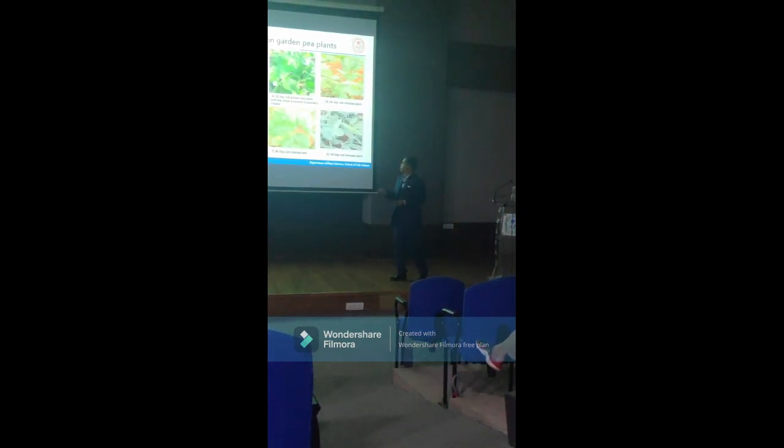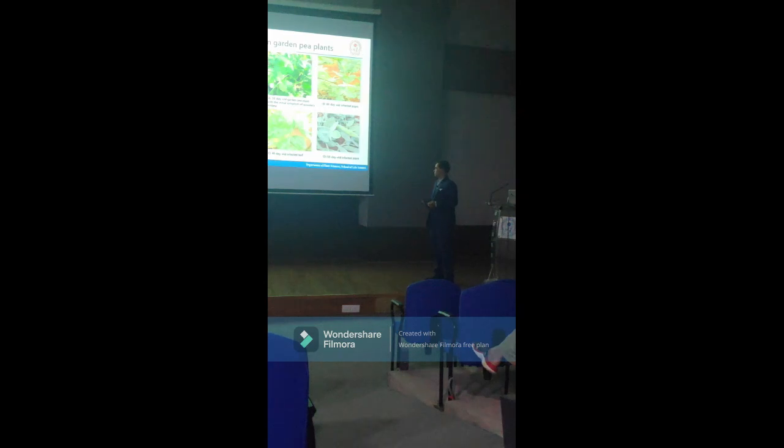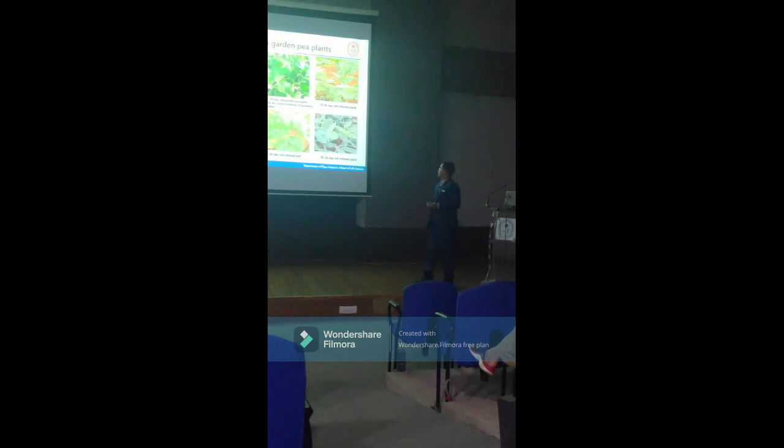This is how the progression of the disease in garden pea occurs, and these images are taken from our old life science building, where I have grown the garden pea plant. This is a 30-day old plant, and on day 40 the symptoms of infection appear.